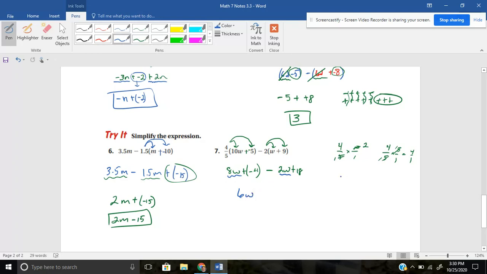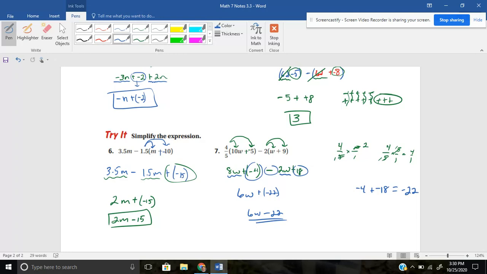And I have negative 4 minus 18. That would give me negative 22. So I have 6w plus negative 22. Same thing as 6w minus 22.